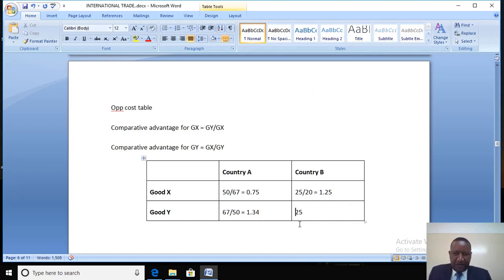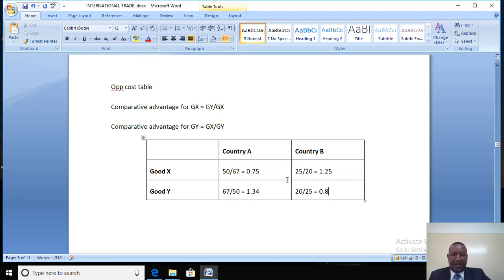Comparative advantage for good Y in country B is the quantity of good X in country B, which is 20, divided by the quantity of good Y in country B, and that will be equal to 0.8. That is our opportunity cost table, or comparative cost table, calculated.